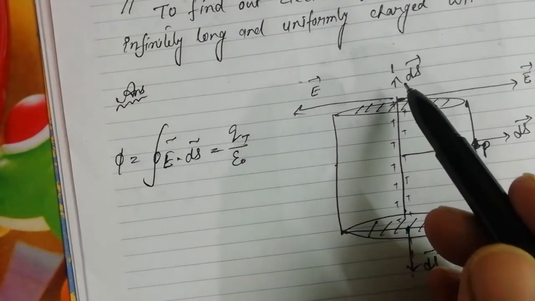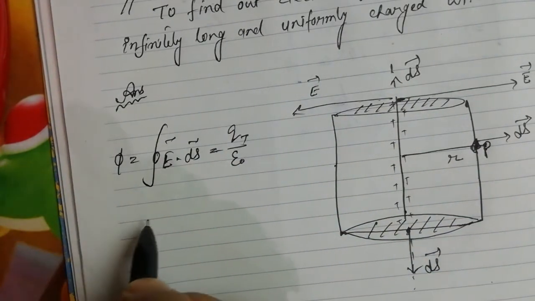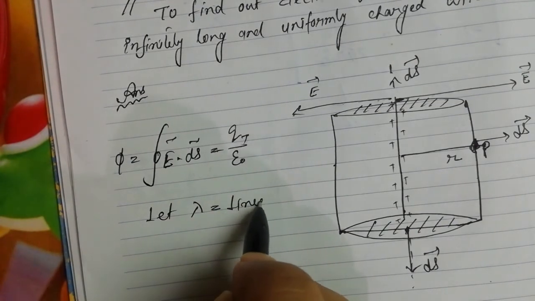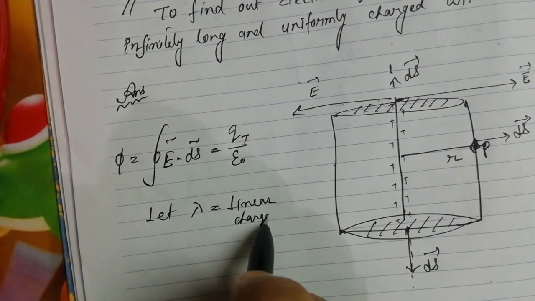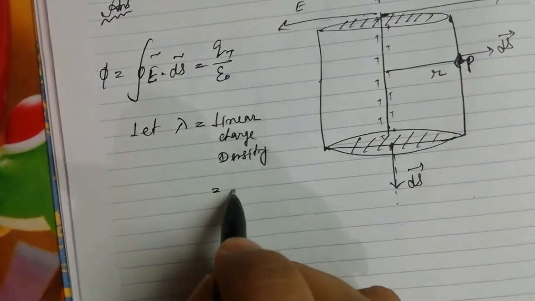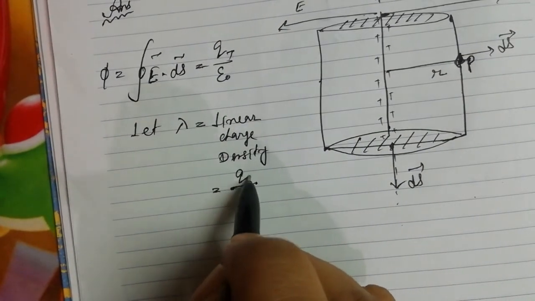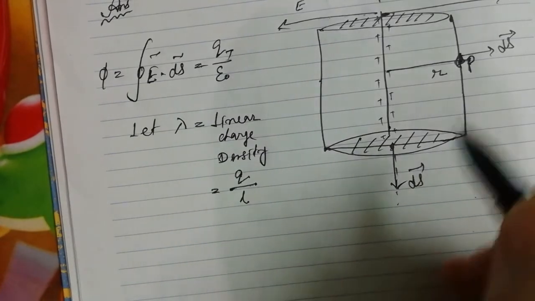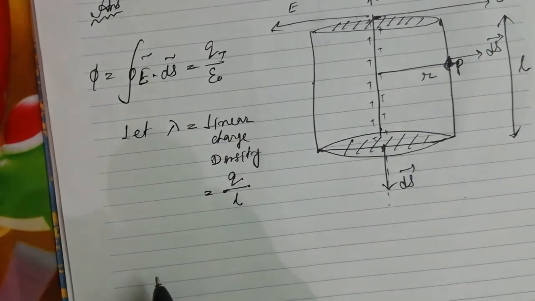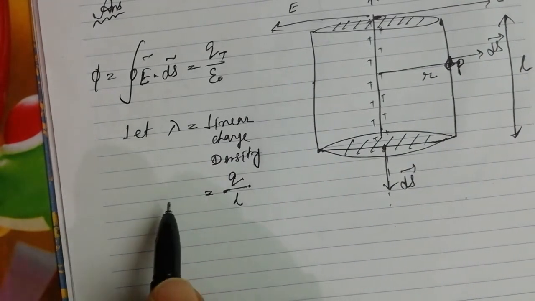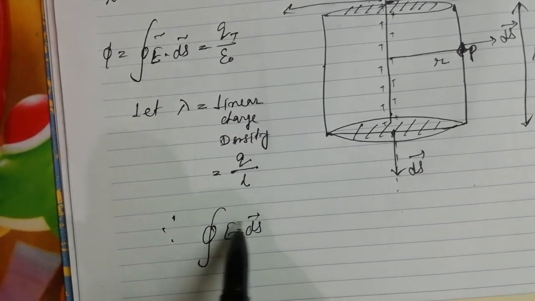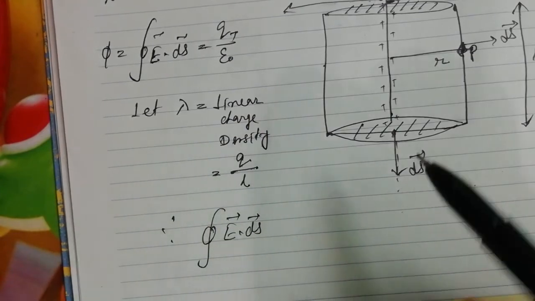Here, since the charges are uniformly distributed, let lambda be the linear charge density, and it can be written as the amount of charge per unit length. Assume that the length of this cylinder is small l. Therefore, by using this law, E dot ds is the amount of flux passing through this surface.